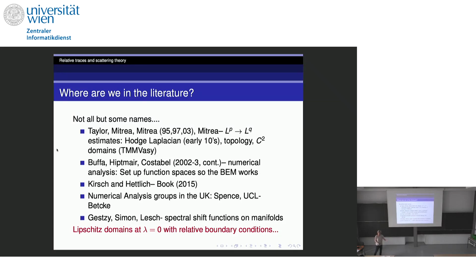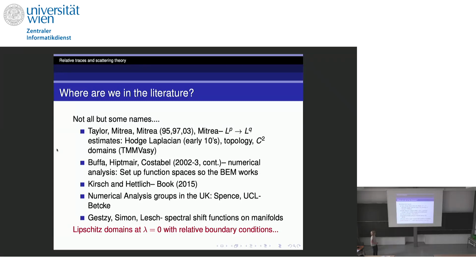And this is why they won a bunch of prizes for this, was that they were able to precisely identify these spaces and their connection to each other, so that they could use numerical analysis, and that they could actually write down electric and magnetic fields. So this book by Kirsch and Hettlich from 2015 is great. I use this quite a lot in the writing of this paper.